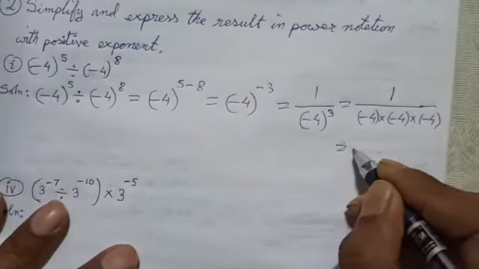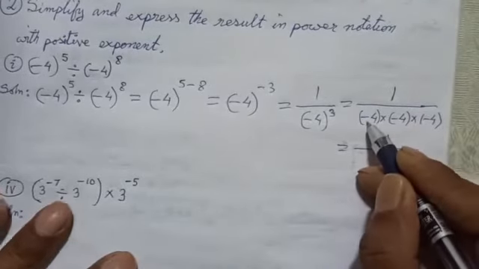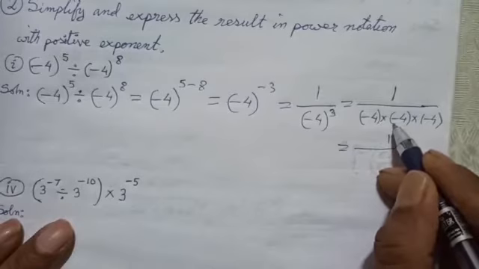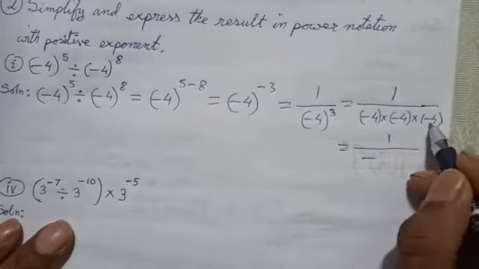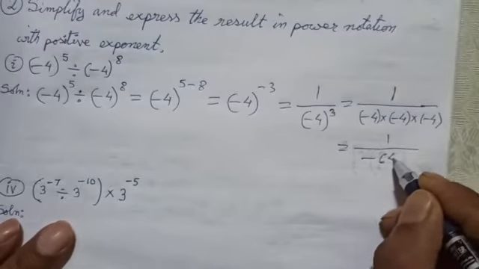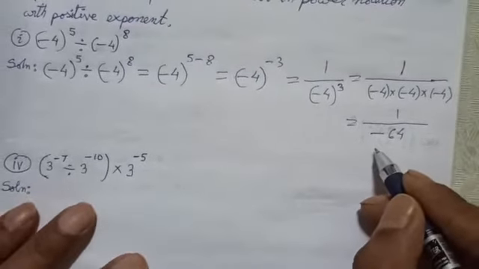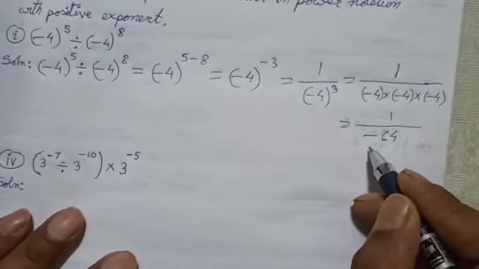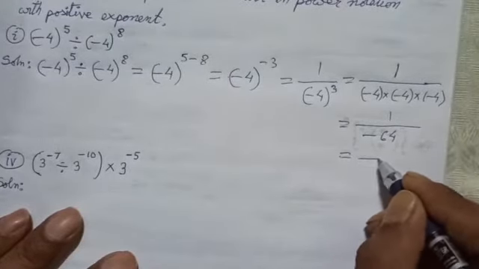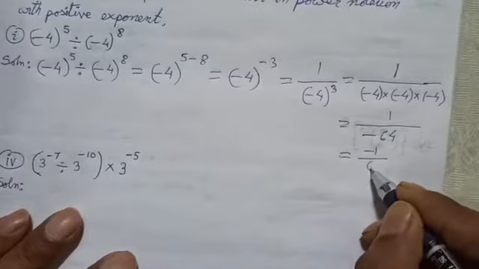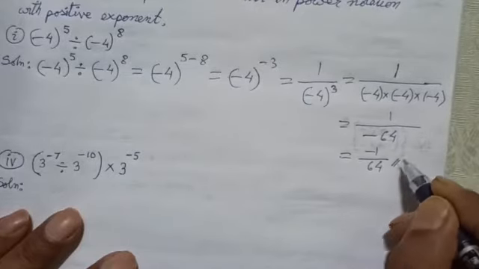Minus into minus is plus, plus into minus is minus, so minus. 4 times 4 is 16, 16 4 times is 64, so we are getting this. And we are not used to keeping minus in the denominator, so this minus we keep in the numerator. Then we are getting minus 1 by 64, and this is the answer.